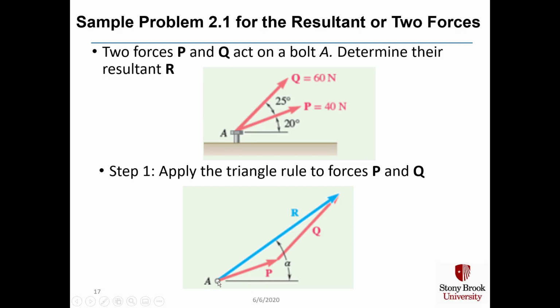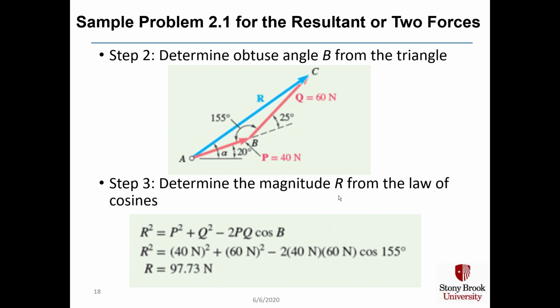So here we have point A, there's vector P, vector Q starts at the tip of P and goes in space at an angle, and then vector R here graphically is shown from point A to the tip of Q. And we know that vectors P and Q with respect to each other make a 25-degree angle, and we need to figure out what this angle alpha is in the diagram on the bottom so we can figure out the direction of R.